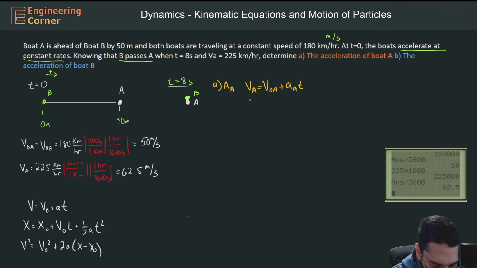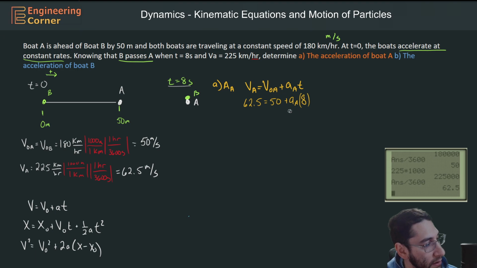So my final velocity of A, 62.5, is equal to my initial velocity, which is 50, plus my acceleration of A times t, which is 8.